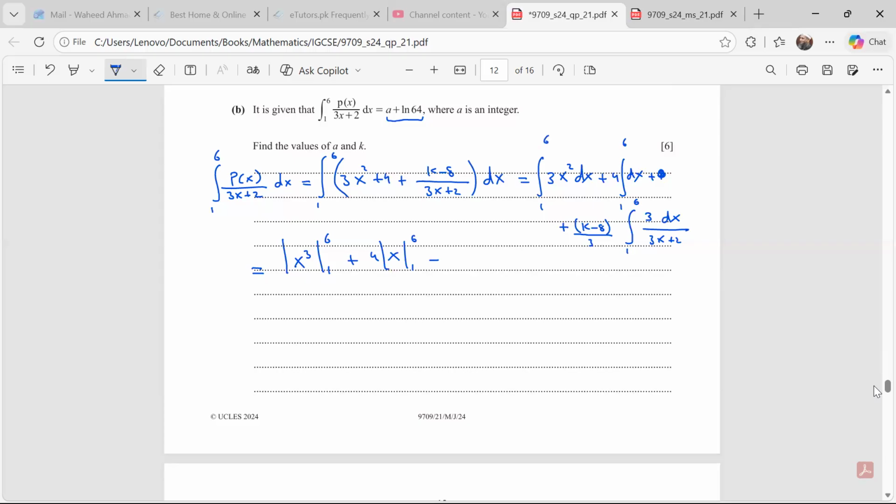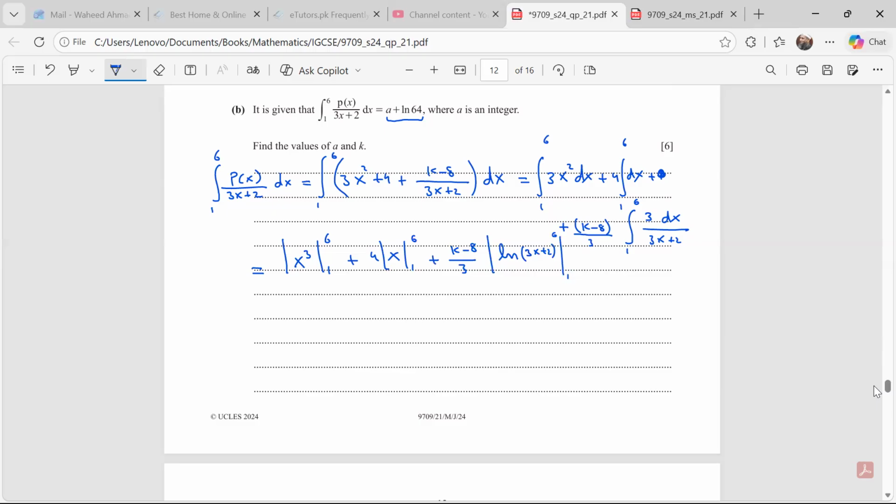Plus k minus 8 over 3, and this expression is the log of 3x plus 2, with limits from 1 to 6. Because when I integrate this, it will go to the log of 3x plus 2, the denominator, with the derivative in the numerator.